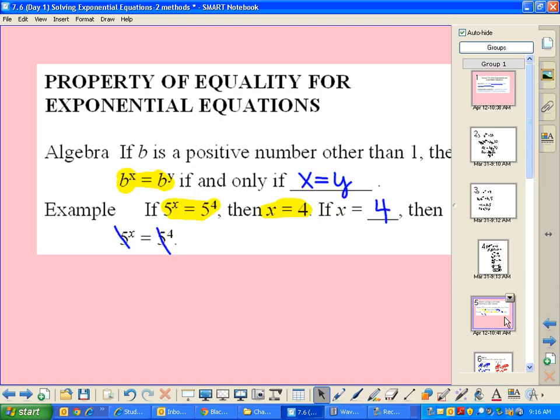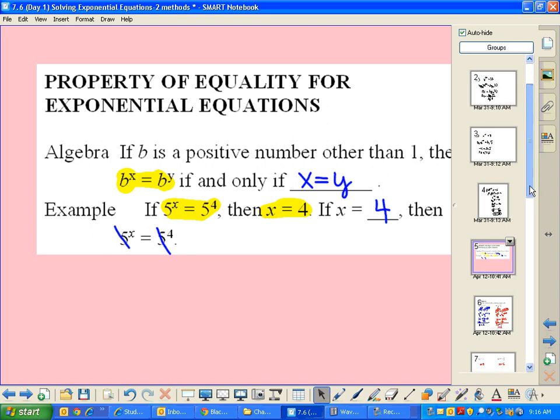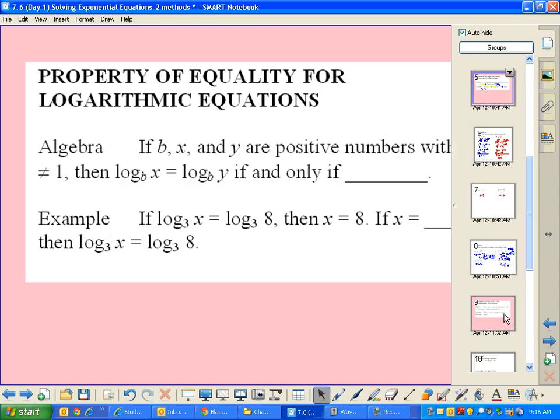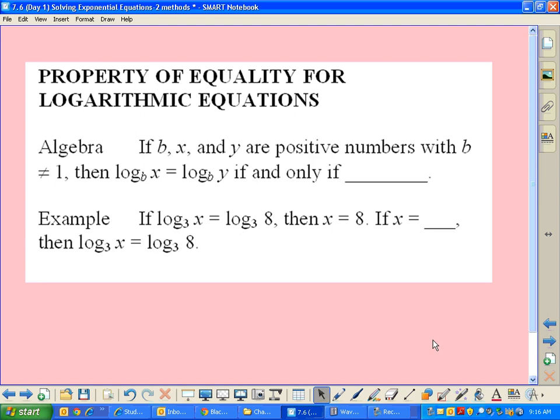And just like we have this property of equality for exponential equations, likewise we have a property of equality for logarithmic equations, and it works in pretty much the exact same manner.